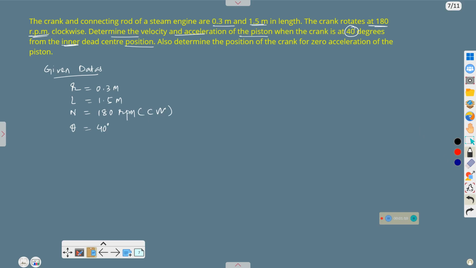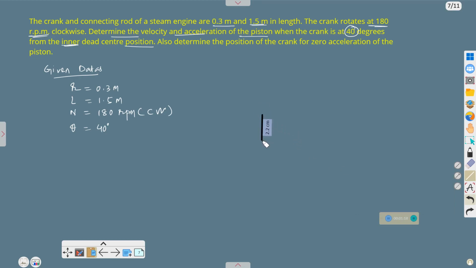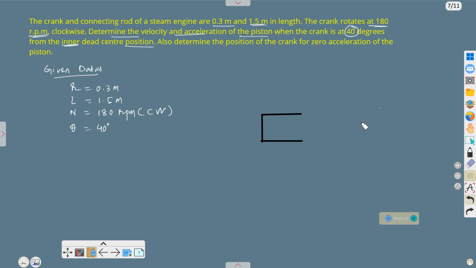Okay, so we will be trying to draw the diagram. We can draw the diagram somewhat like this. Let this be the cylinder, sorry, and we'll be having a piston over here.